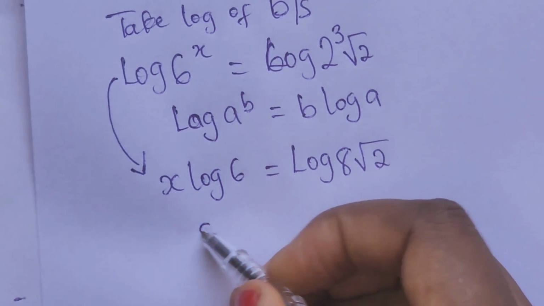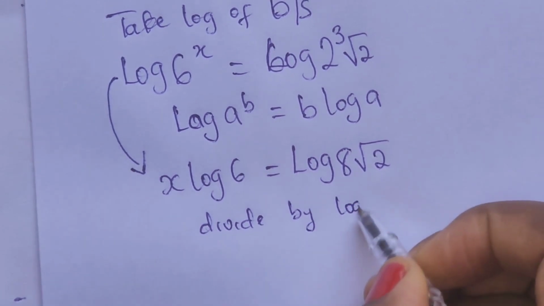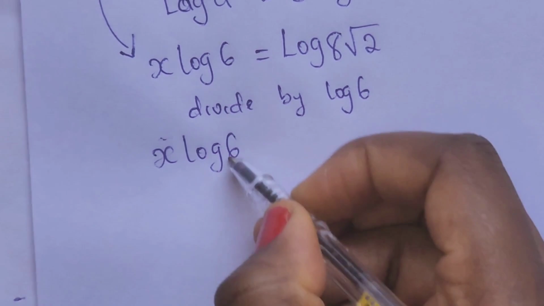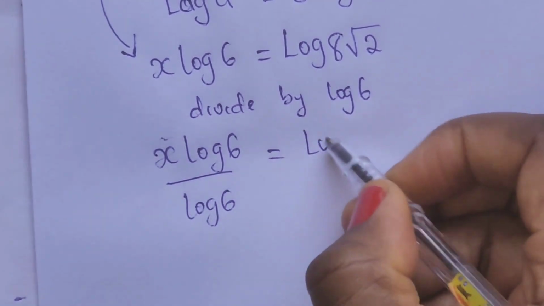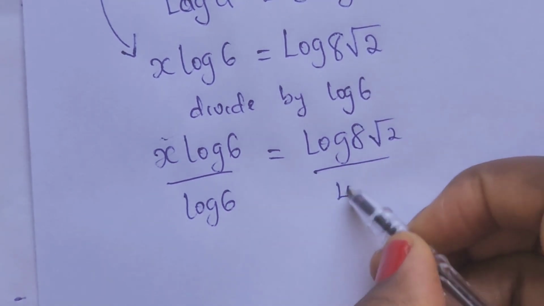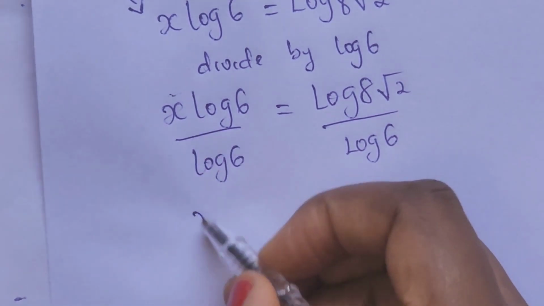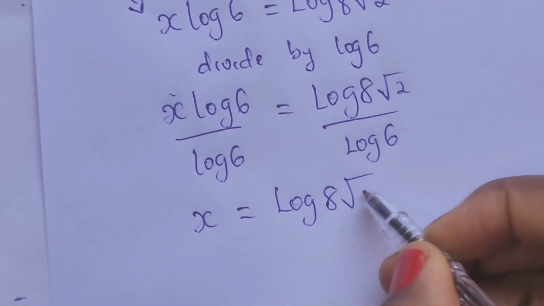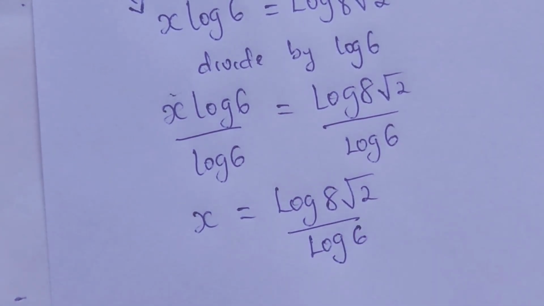So from here let's divide by log of 6. We have x times log of 6 all over log of 6 to be equal to log of 8 root 2 all over log of 6. So we'll be left with x to be equal to log of 8 root 2 all over log of 6.